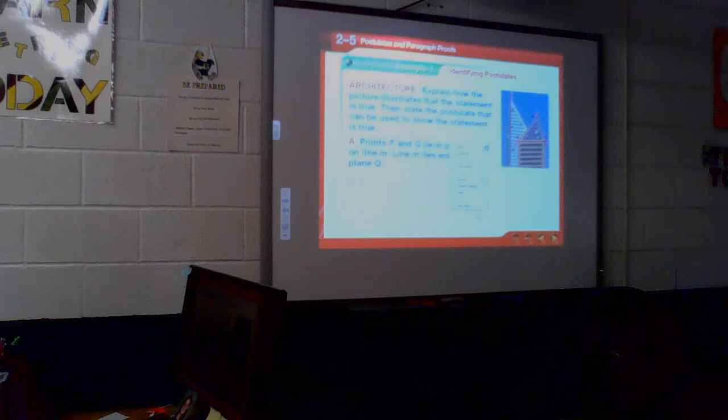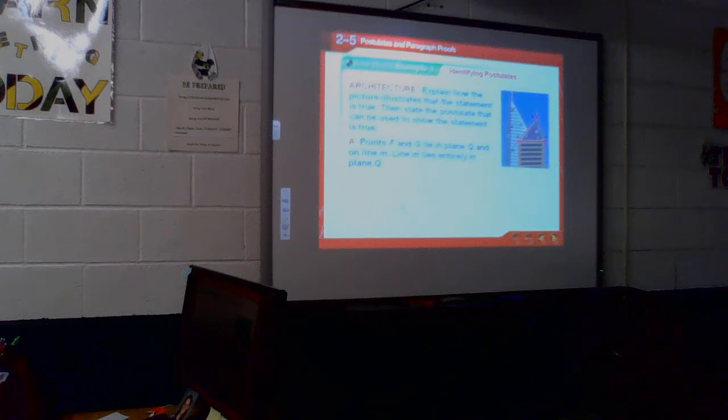So it says, explain how the picture illustrates that the statement is true, then state the postulate. So open back to page 127, or look on somebody else's book on page 127. And it says points F and G lie in plane Q. Can you see where that is? Can you see where F and G are?